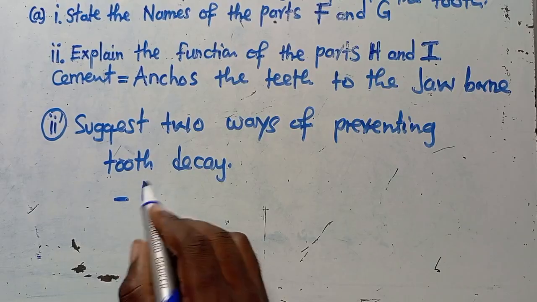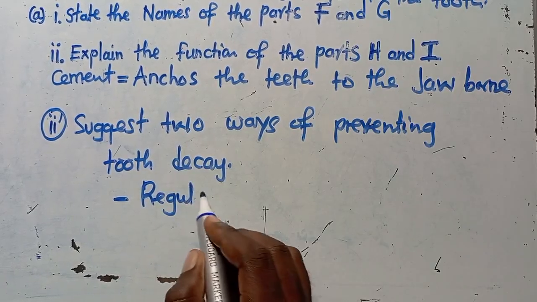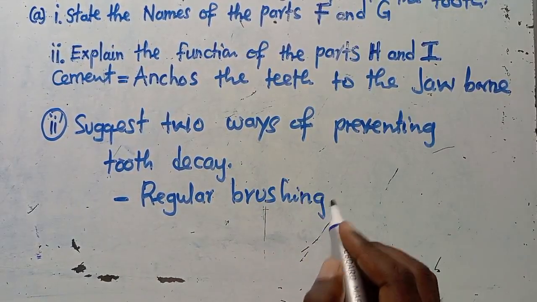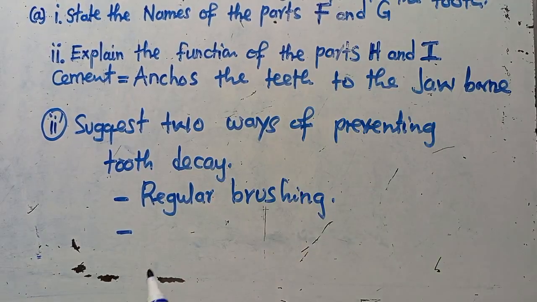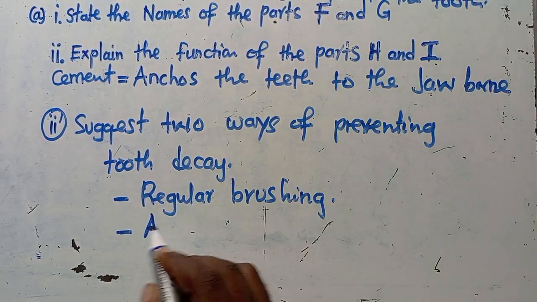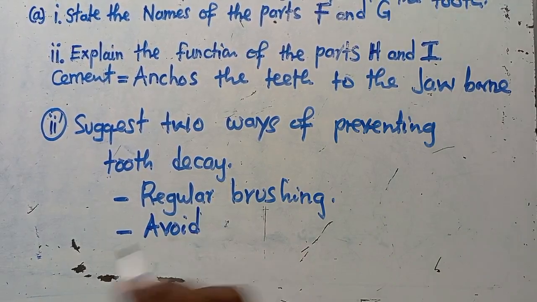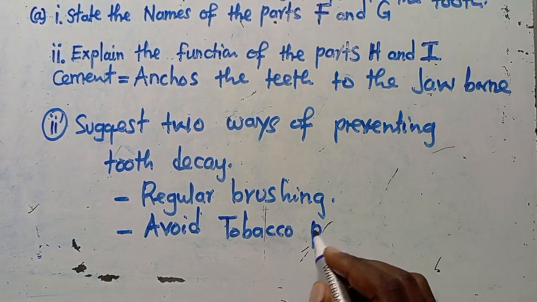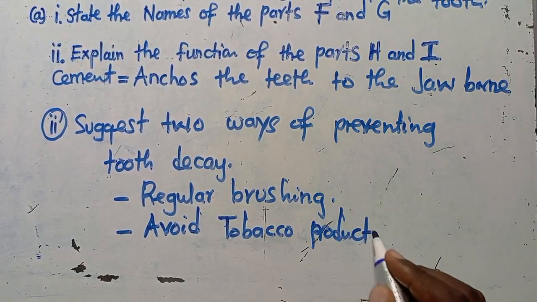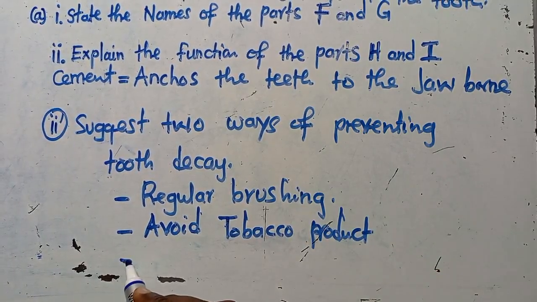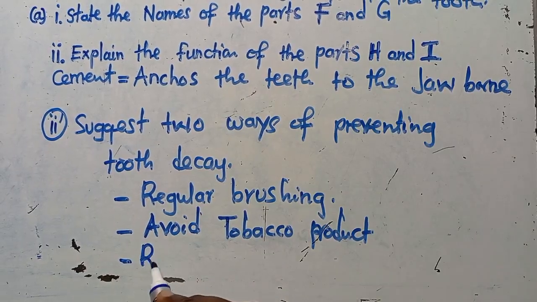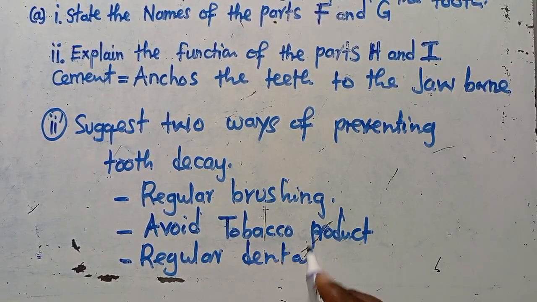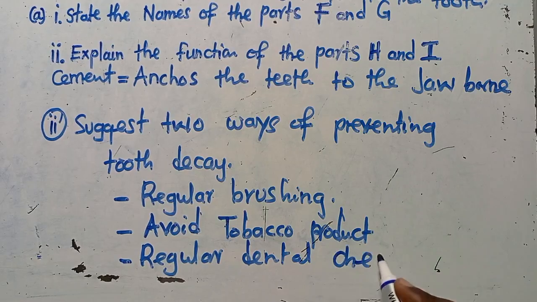One, you need to be brushing your teeth regularly. Two, you need to avoid tobacco products. And also, you have to make sure that you do regular dental visits or checkups.